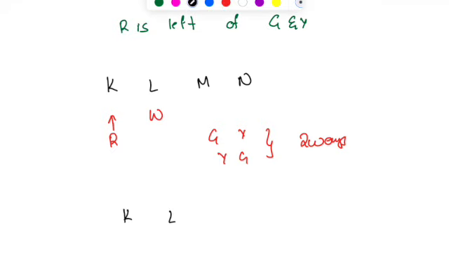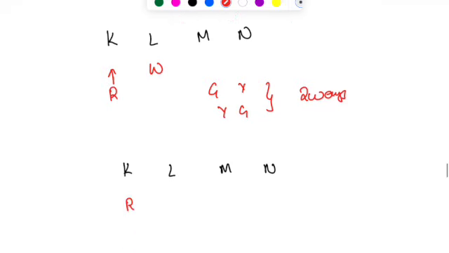Again K, L, M, N. Now if R can be in the first position and W is over here, green and yellow can be over here. W is fixed at 3, and in that case, see carefully, I am fixing.